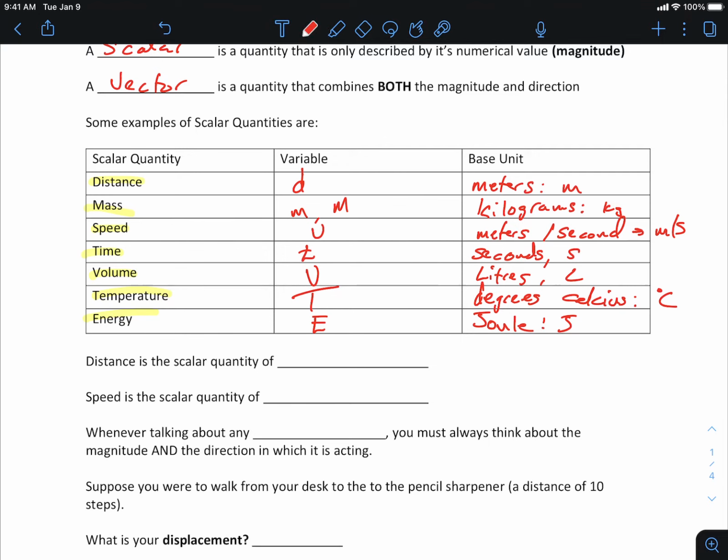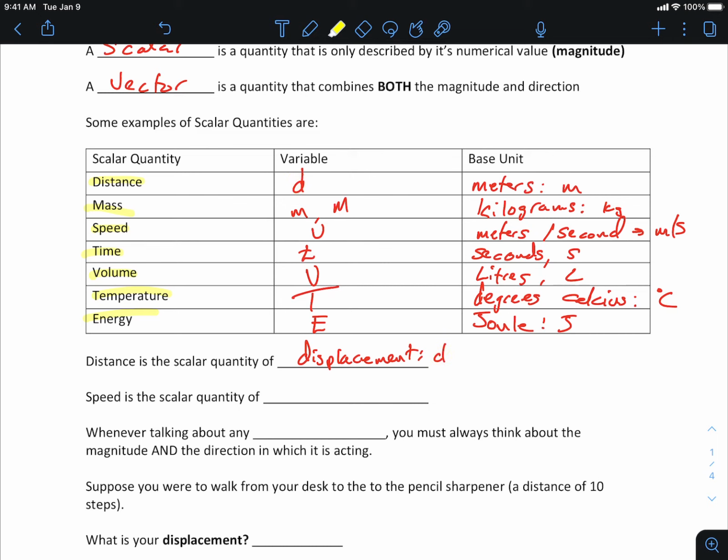So distance is the scalar quantity of what we call displacement. Displacement is how we denote vectors. I'm just going to write a d here, and then you're going to ask yourself, what's the difference between this and this? Which is a valid question.